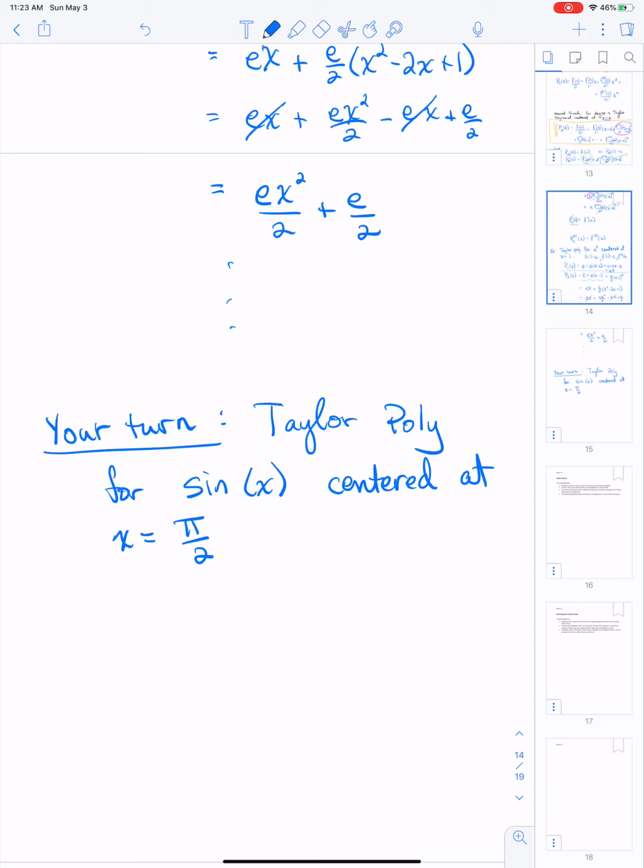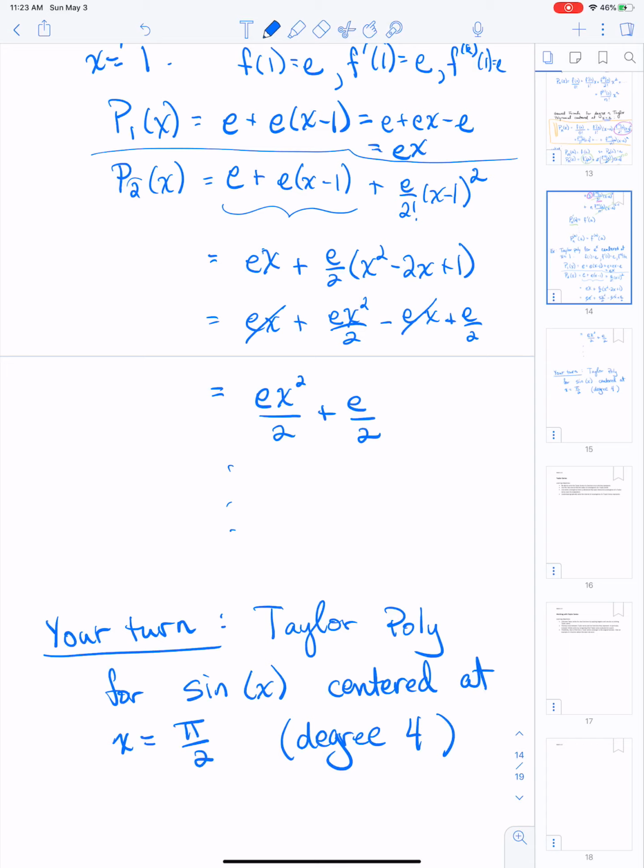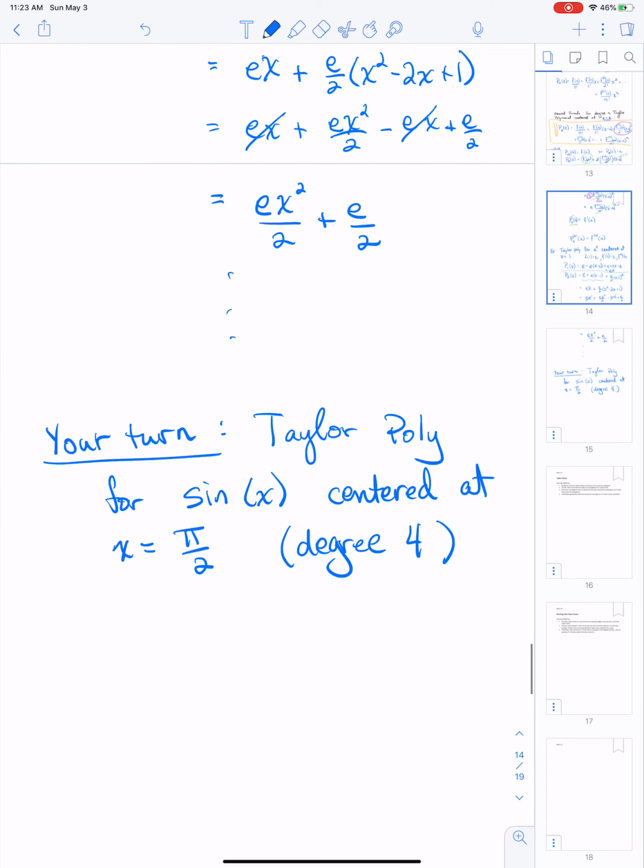Do that for degree 4. You can just plug in. What I did here is just P1 and P2. If I were to continue, we would have more terms, and I'd like you to try this for degree 4. Okay, we'll stop here, and we'll pick up with the answers to this and a discussion.